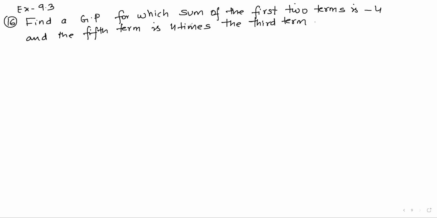Okay, find a GP for which the sum of the first two terms is -4 and the fifth term is 4 times the third term. Please try this question.